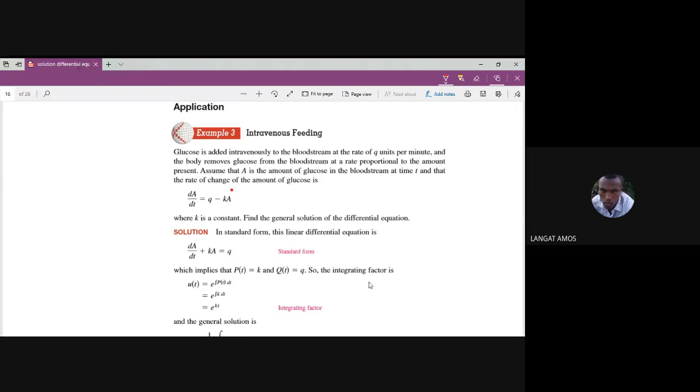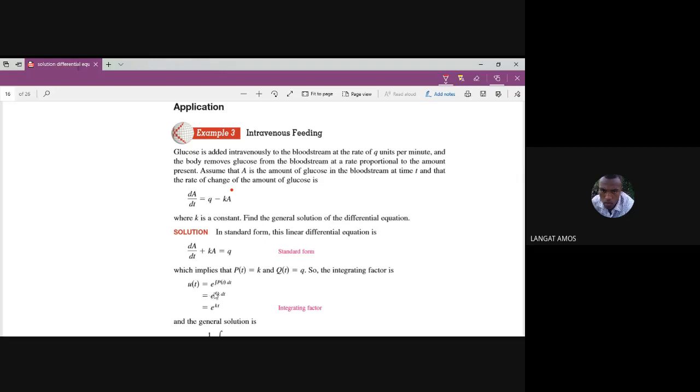So for the integrating factor, you say 1 over u(t), and to get u(t), you integrate p(t) dt, and our p(t) was k.